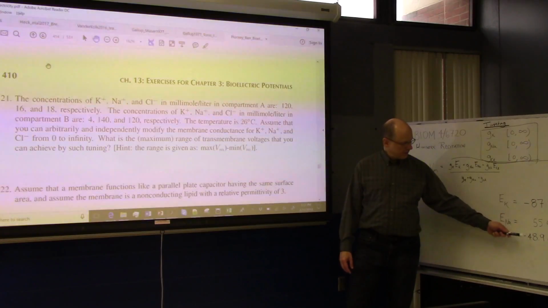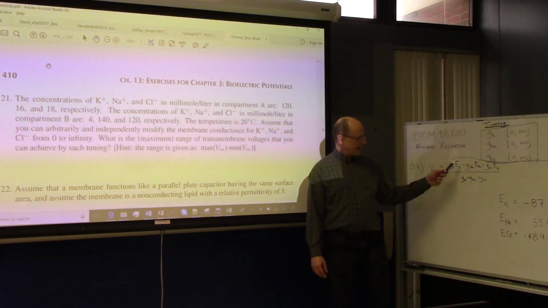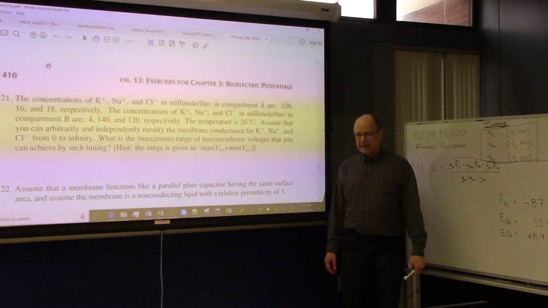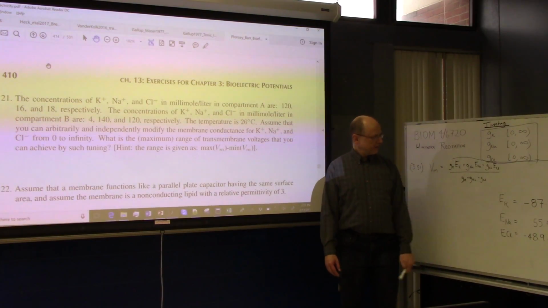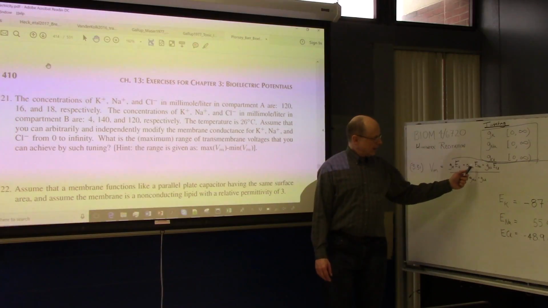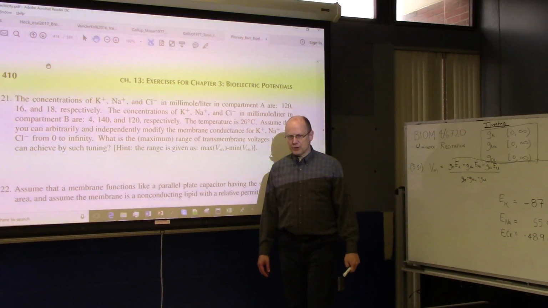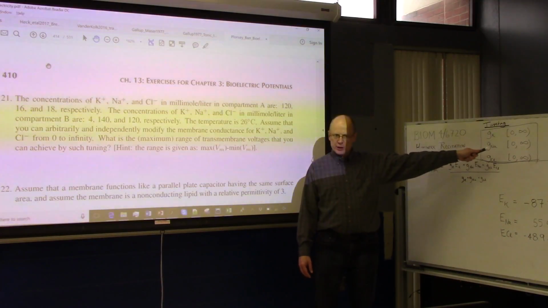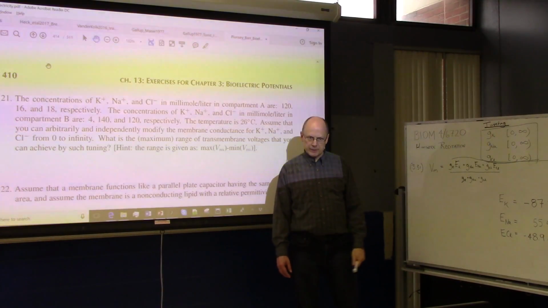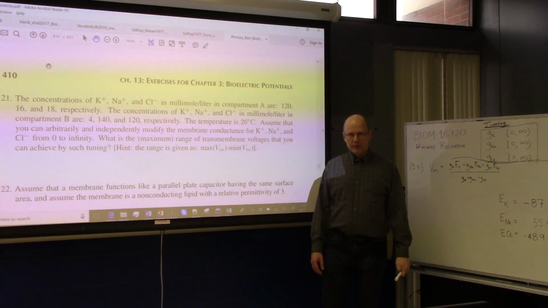Got these values for the E's and K's. The E_K and the E's. Got these values for the E's. And I can have any value I want for the G's within this range. Which setting for the G's gives me the maximum VM, and which setting gives me the minimum?